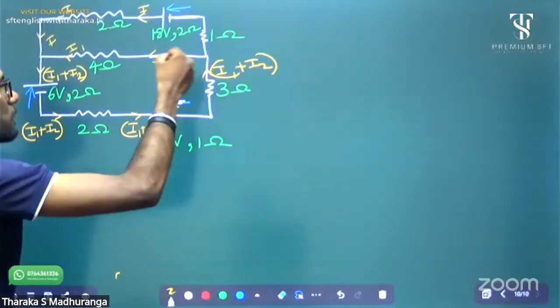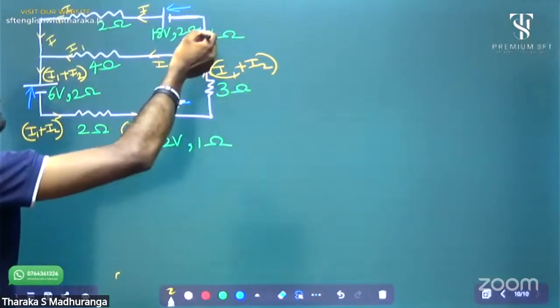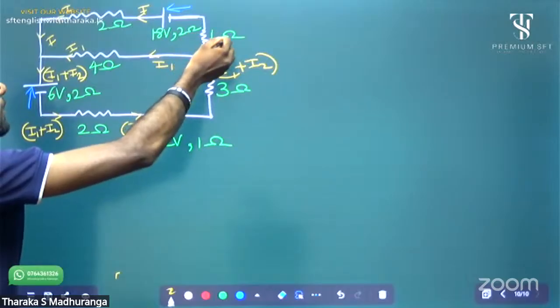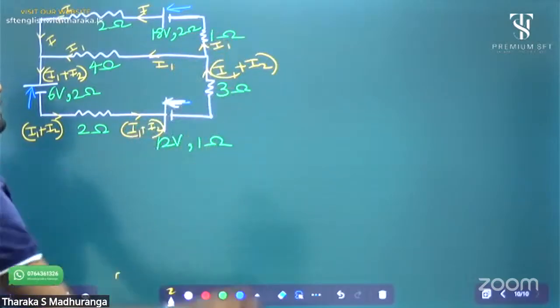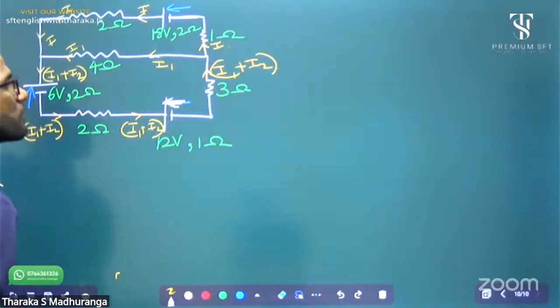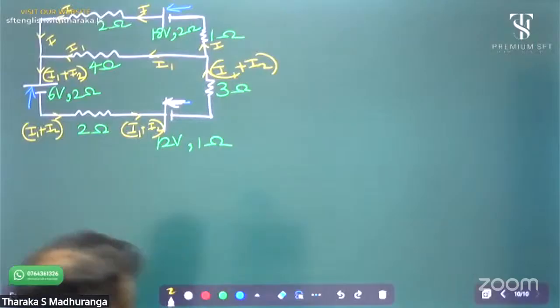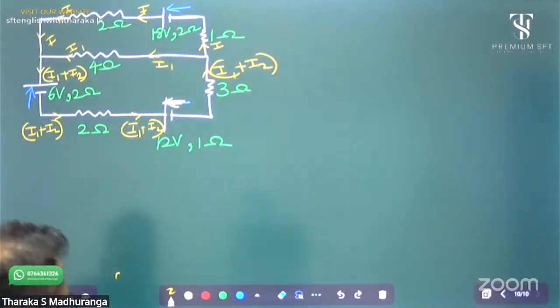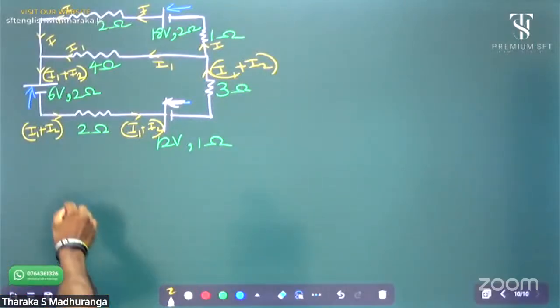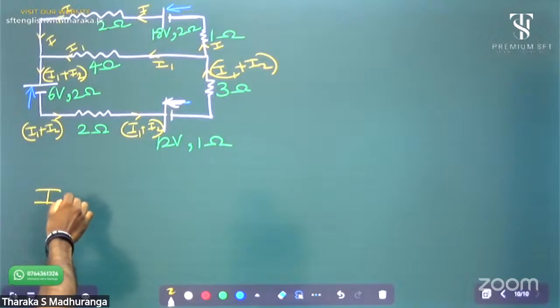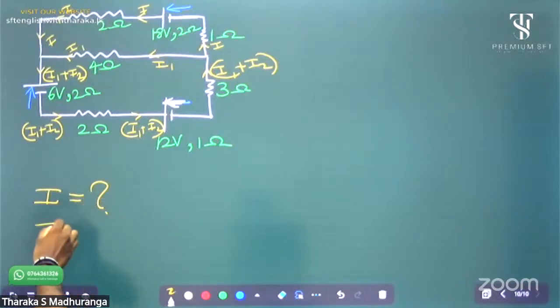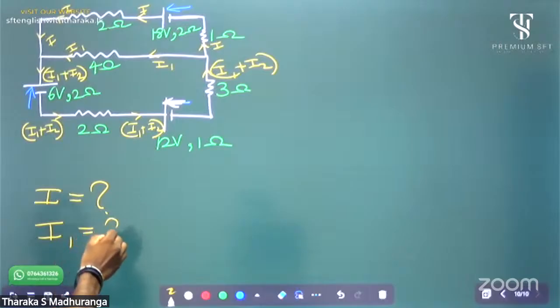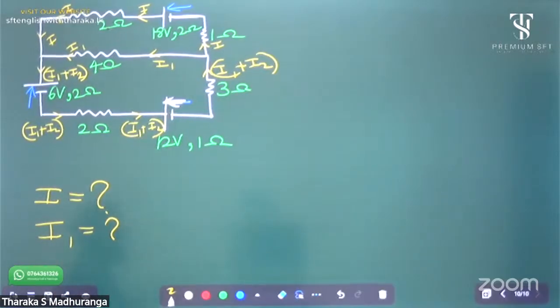Again, I1 plus I2 plus I1 making only I, not I1, I. Okay, that's the current. I want to calculate what is the value of I and what is the value of I1. Okay, you can start now.